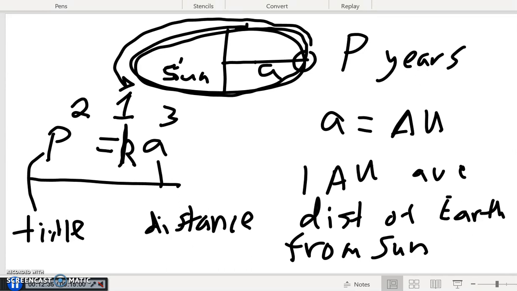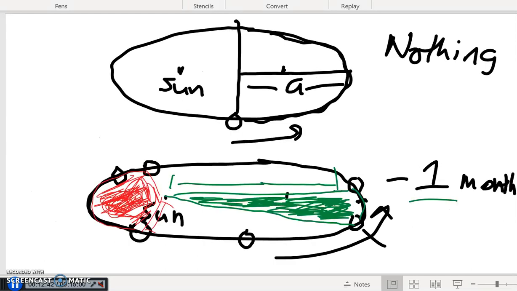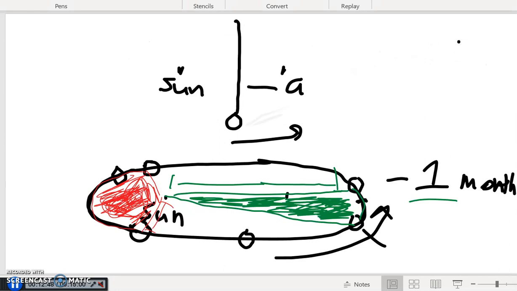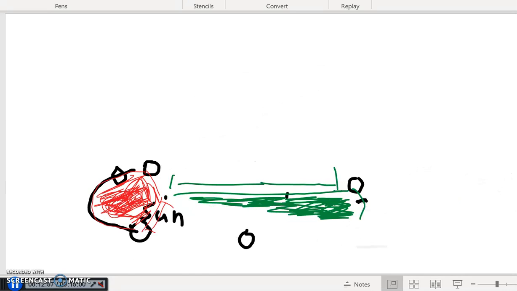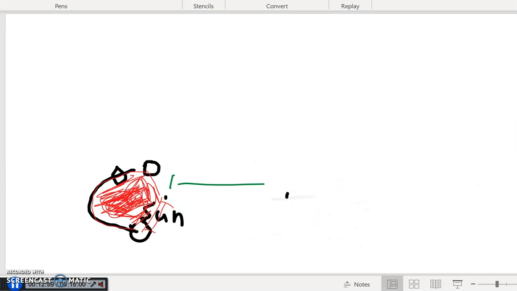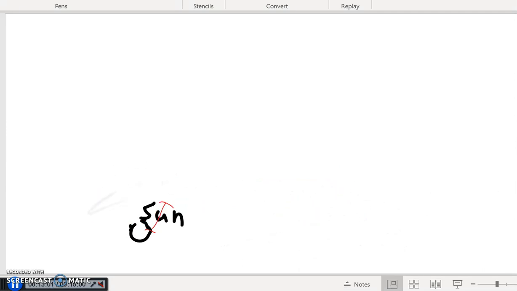But there is a slightly more complex way to write it. And by the way, that equation, P squared equals A cubed, does not just hold for the Earth around the sun, even though that is where Kepler derived his units from.